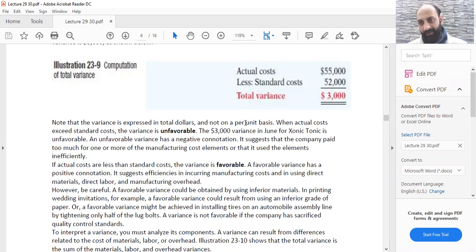Either it can be favorable, when your standard is less than actual, or it can be adverse, when the total amount that you actually incurred is more than the standard cost that you should have incurred. So there are two types of variances: unfavorable and favorable.